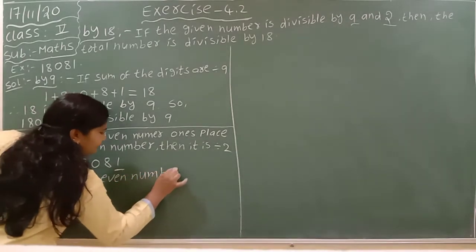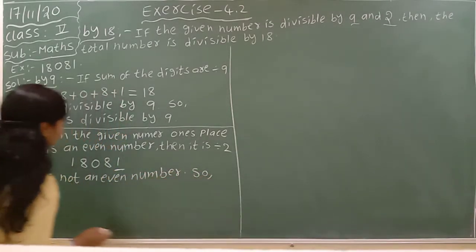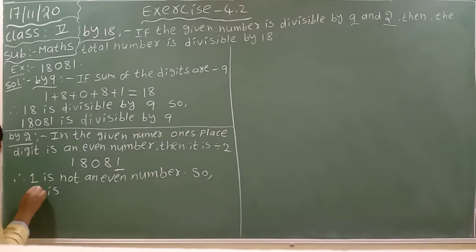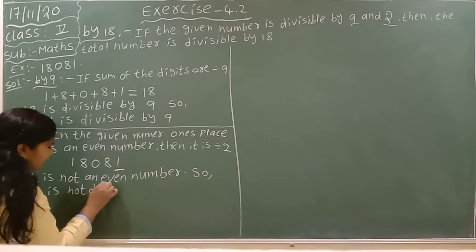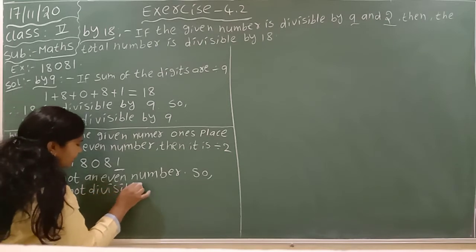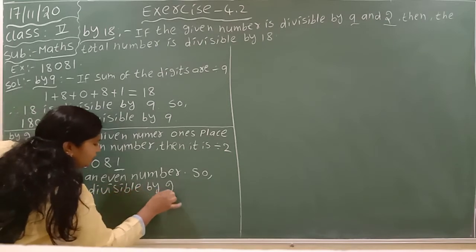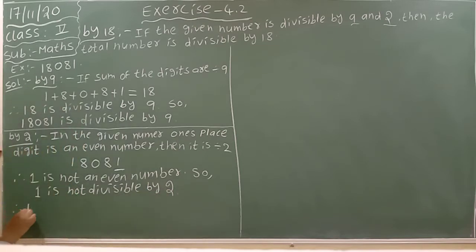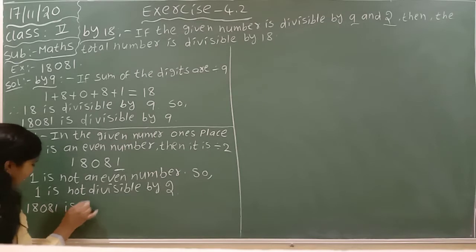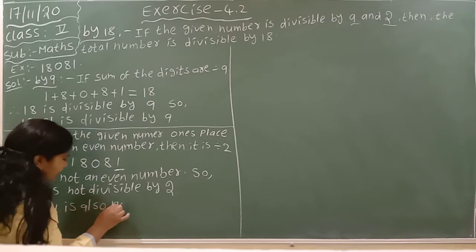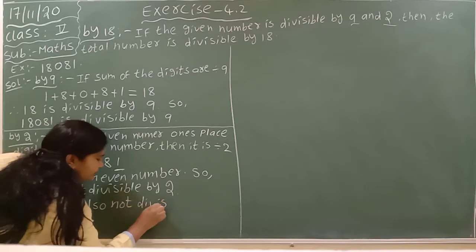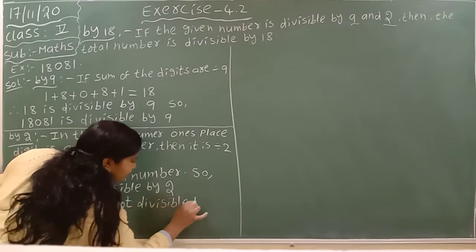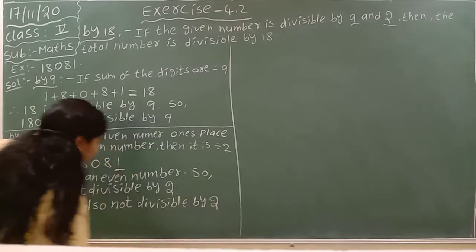So 1 is not divisible by 2. Therefore, 18,081 is also not divisible by 2.